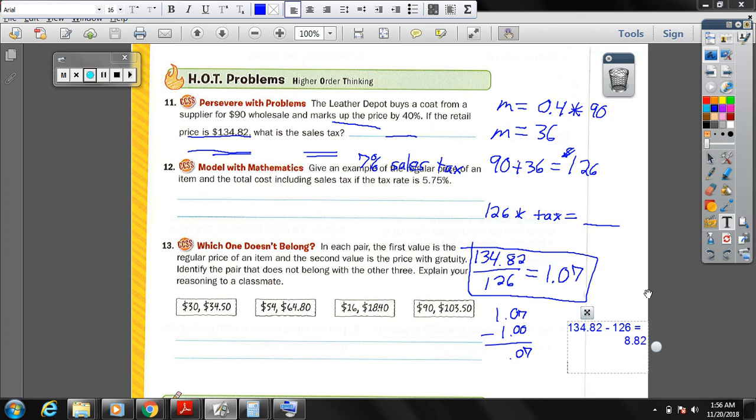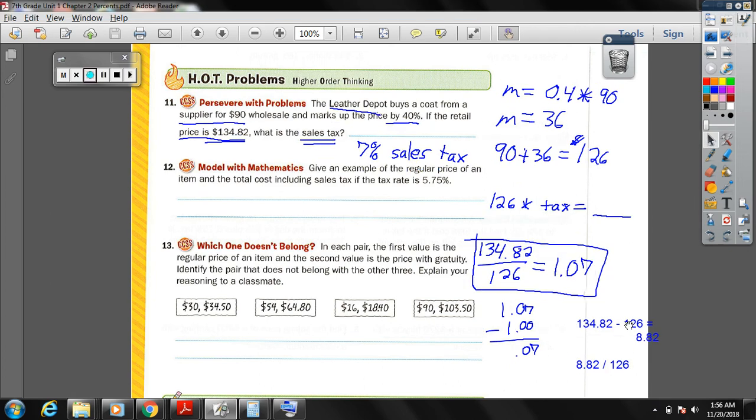We would then have to take 8.82 and divide it by 126. And in doing so, we would still get the same answer. So we could do it this way as well. But notice it does add in more steps. So we could do it in one step, or we can do it in multiple. We will still get the same answer. And this one will result as 7%.